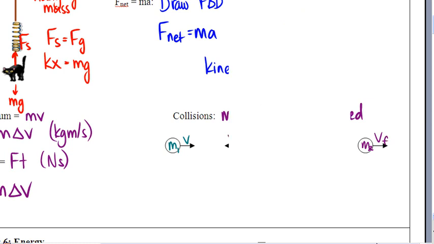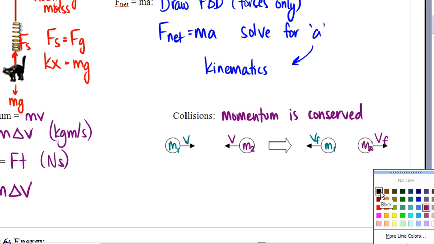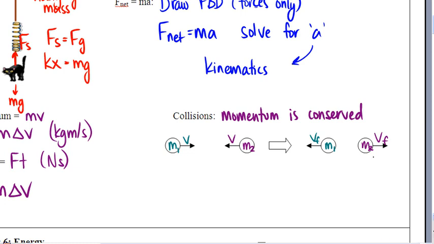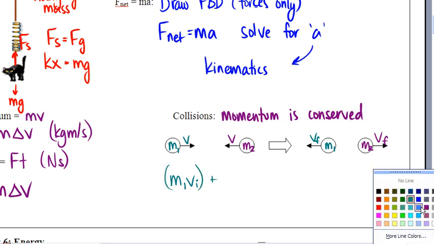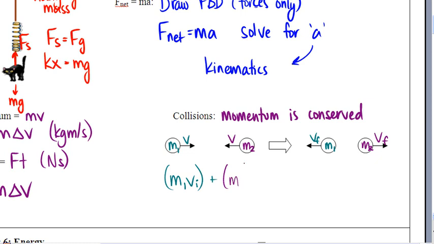And since the momentum is conserved before and after, when we go to solve for usually one of the final velocities, we're just going to keep track of all the momentums that were there. So it will look like this. m1 times its initial velocity plus the momentum of object 2 moving at some initial velocity, that is equal to the momentum of object 1 multiplied by its final velocity plus the momentum of object 2 moving away at its final velocity.